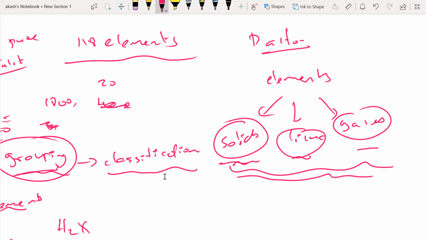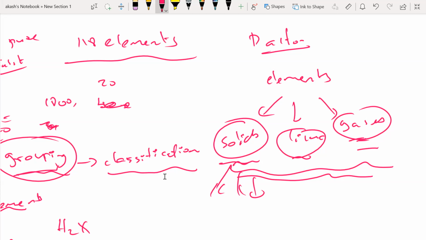Some gases can be very heavy, very dense, or very light. So among solids, liquids and gases you can classify further into other groups, which means it is not an efficient way. Just classifying them into solids, liquids and gases is not enough for us to study them efficiently.